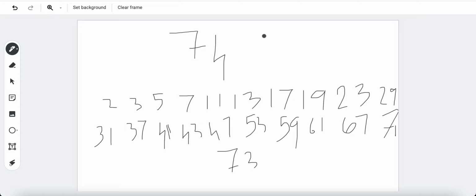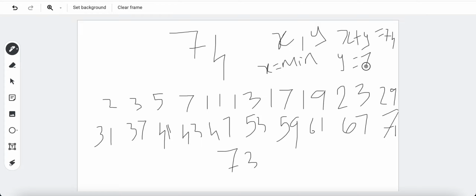Now we need to consider two numbers, say x and y, such that x is the very minimum of the possible pairs. The peculiarity of this x and y is that x plus y is equal to 74, and x is the very minimum, so y will be 74 minus x.